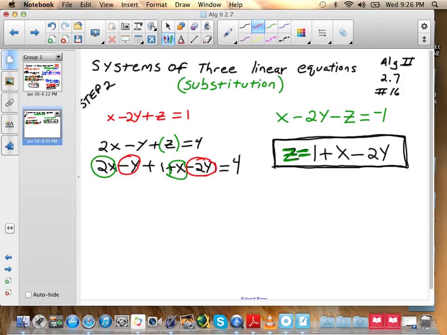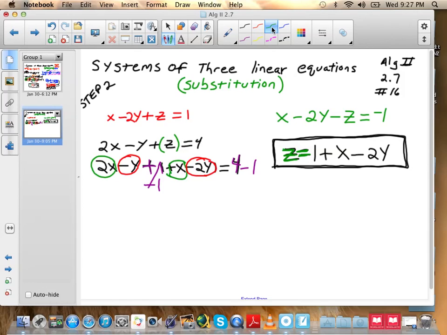Over here I'm left with a positive 1. What's like my positive 1? Well, my 4 over here is like it, so I've got to pair them up. To do that, I'm going to subtract 1 and get rid of this term. What I do to one side, I have to do to the other. 4 minus 1.